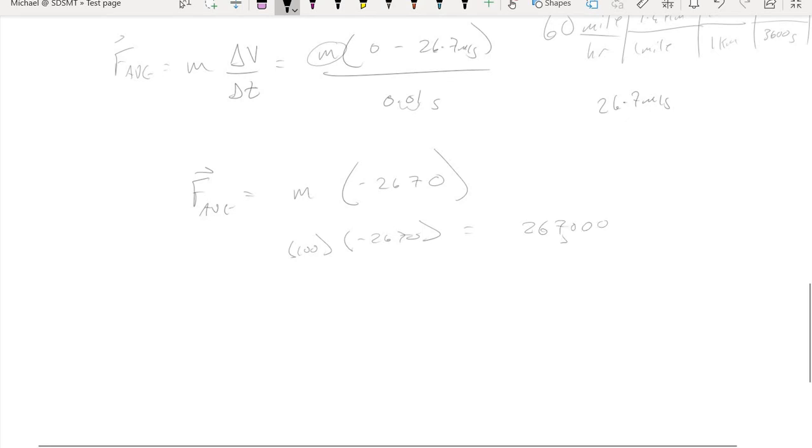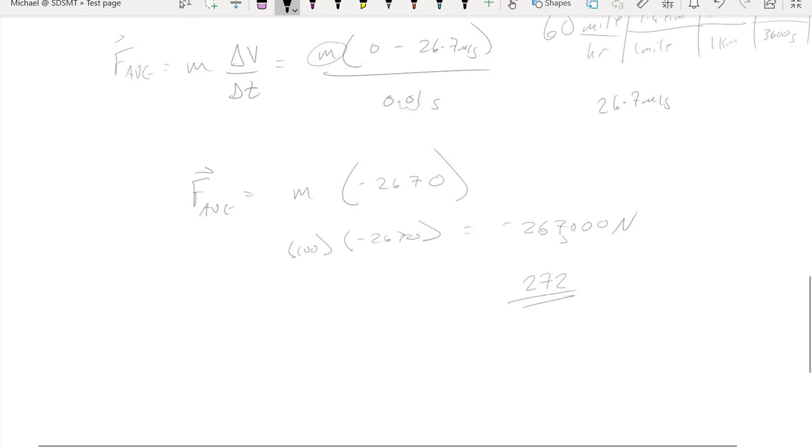They're going to experience approximately 267,000 newtons worth of force, which would be approximately 270 times their weight.